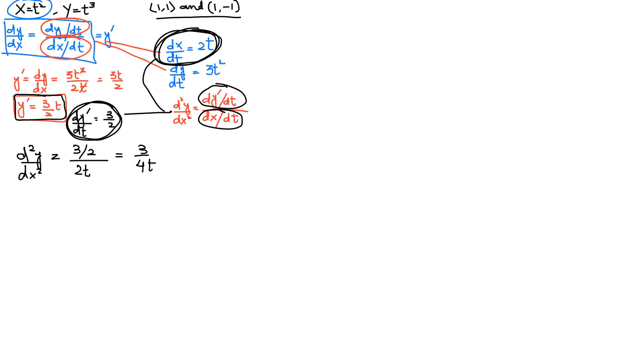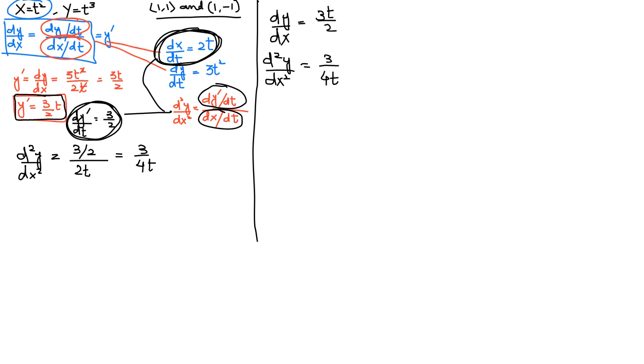Now we have the first derivative dy over dx equal to 3t over 2, and the second derivative equal to 3 by 4t. Now we have to find the points to put in the value of t.